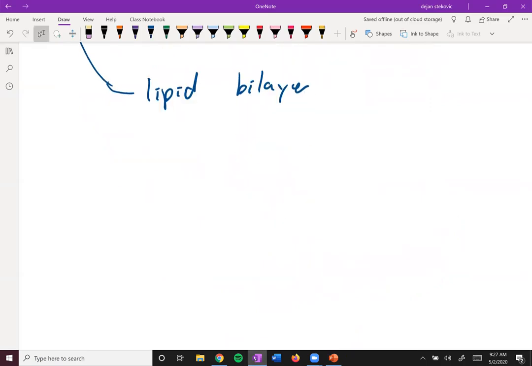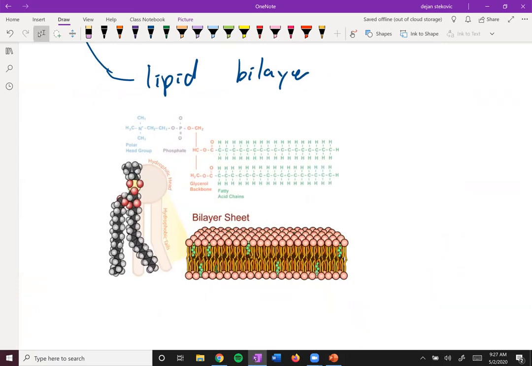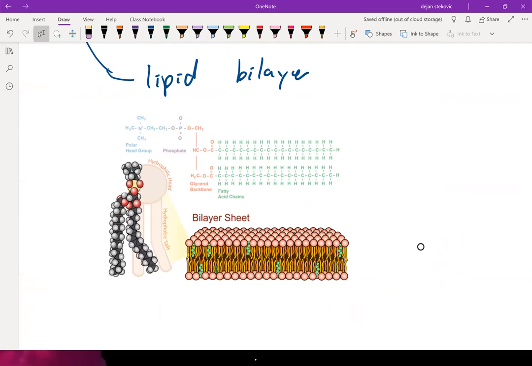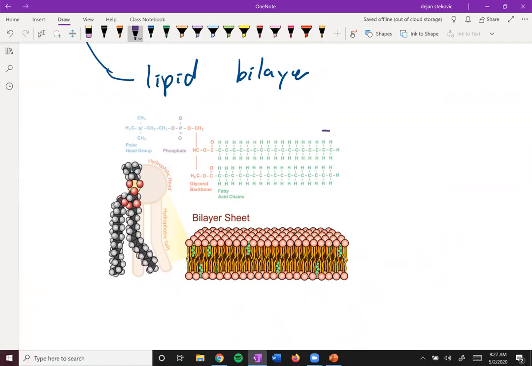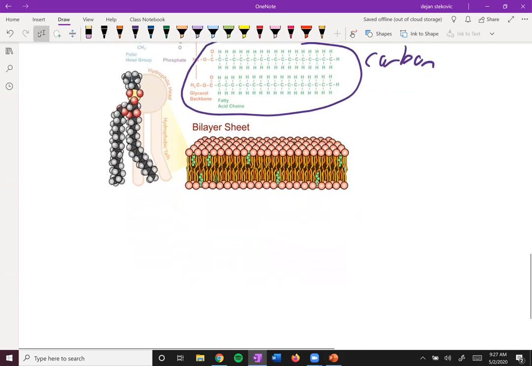And so you can see you got this little cartoony picture that you'd see in a biology class. But then if you think about what the molecule actually looks like, that's more shown in this top picture right here. And as you can see, the vast majority of it is carbon. So you can see the individual components of the cell are all made out of carbon. All of life is based out of carbon.